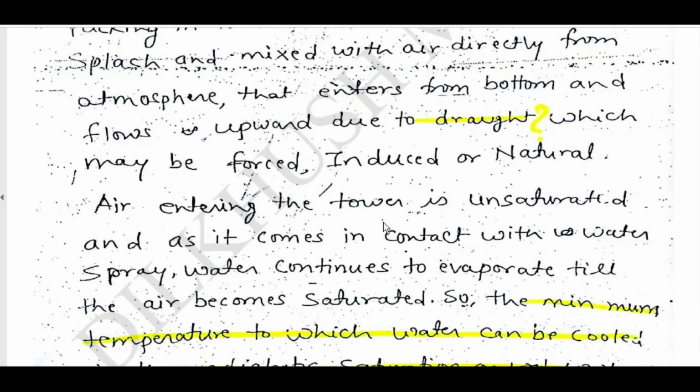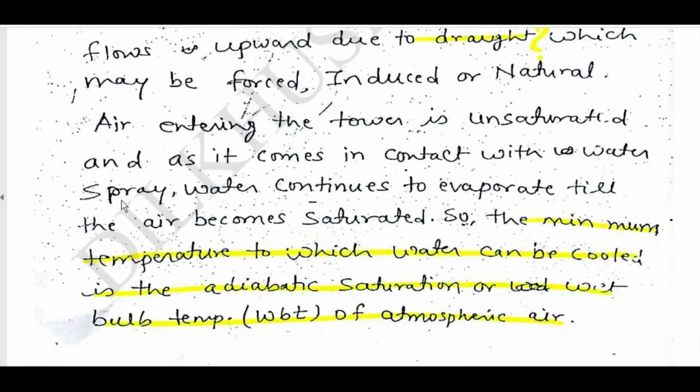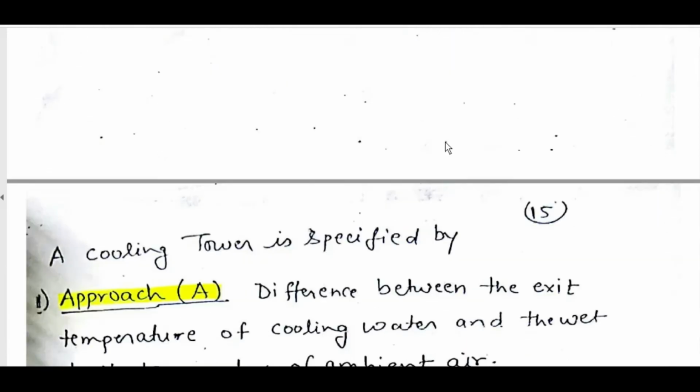Air entering the tower is unsaturated, and as it comes in contact with the spray water, water continues to evaporate till the air becomes saturated. So the minimum temperature to which water can be cooled is the adiabatic saturation or wet bulb temperature of atmospheric air.